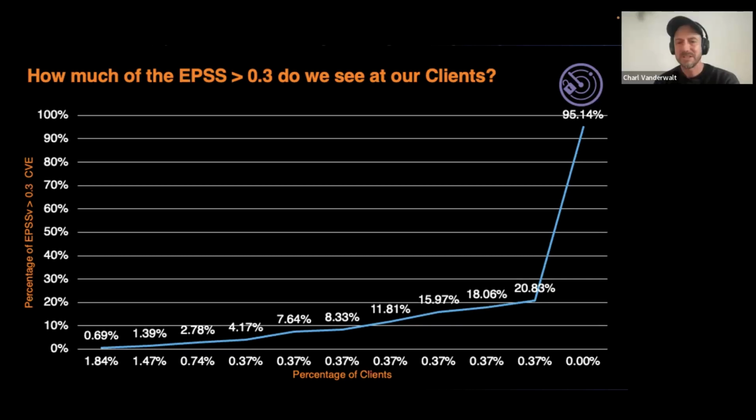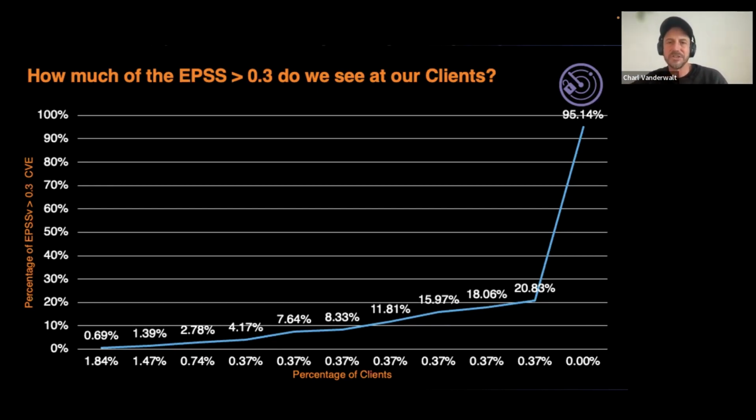Yeah, so EPSS is a newish construct and a very exciting initiative by FIRST. They have a big fat old machine learning model that's processing, I think it's 1,500, but it's growing all the time, different attributes of a vulnerability, looking at the vulnerability itself, but also looking at internet telemetry, reports, characteristics, whether it's been published on GitHub, et cetera, and then they use that to produce a probability score.